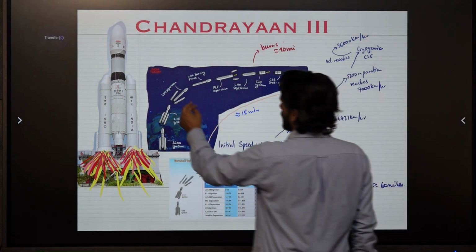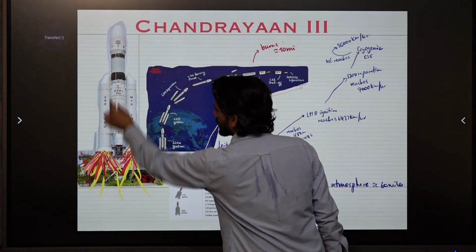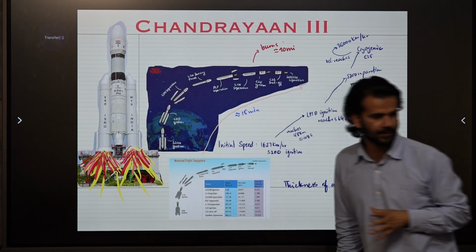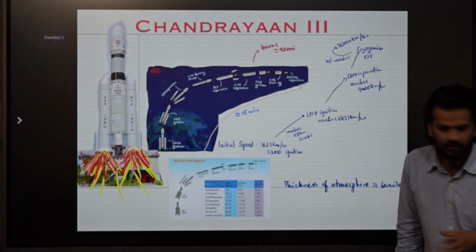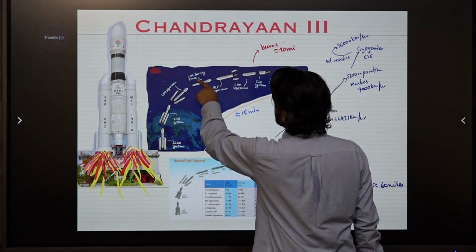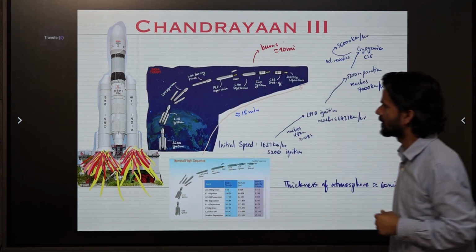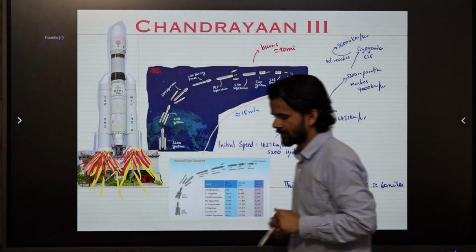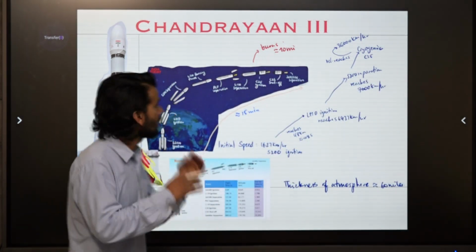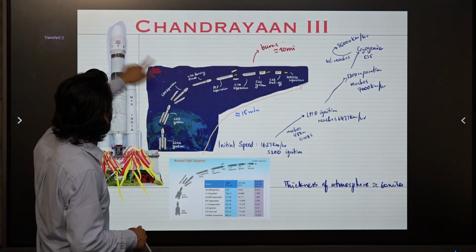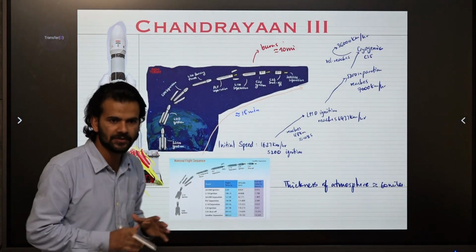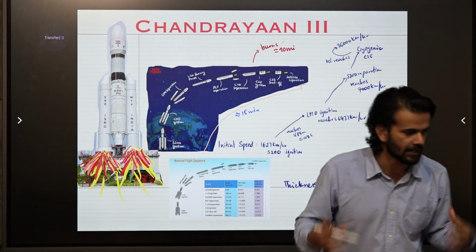Now the core stage starts to burn, ignite. The L110 burning phase starts. While it's moving, the PLF, the covering of the nose of the rocket, starts to open because it crosses the atmospheric level.